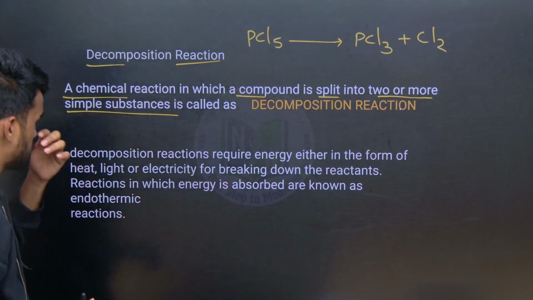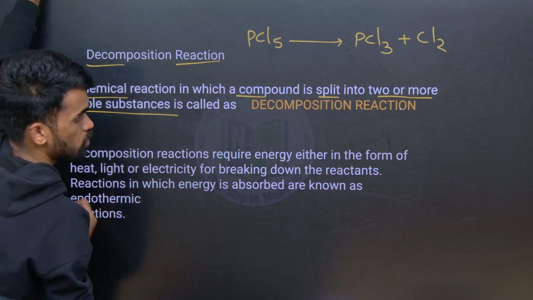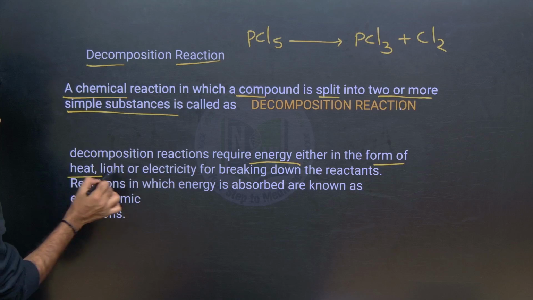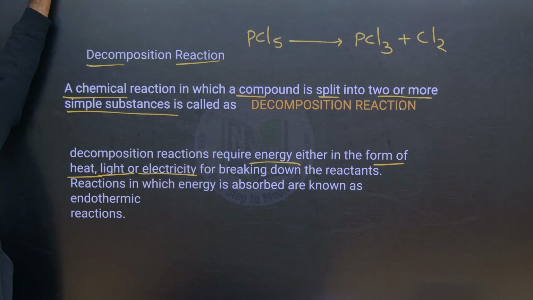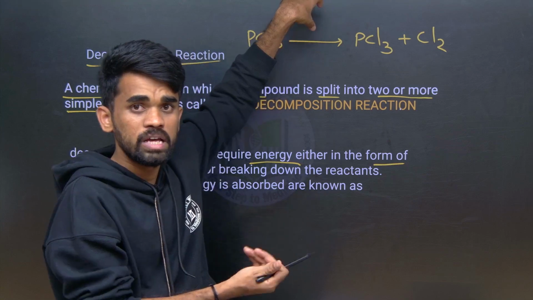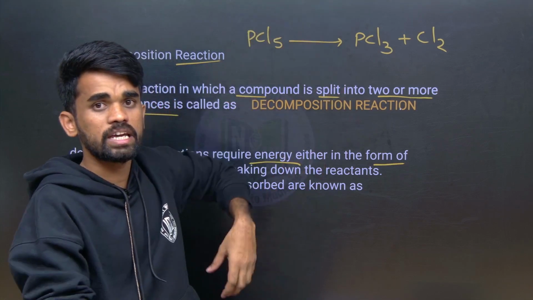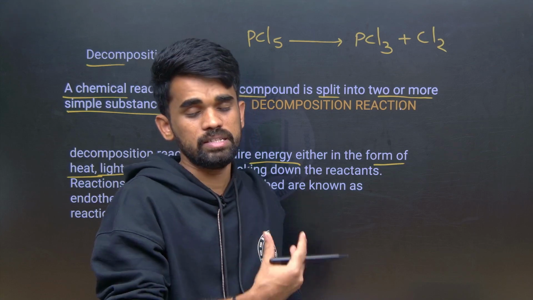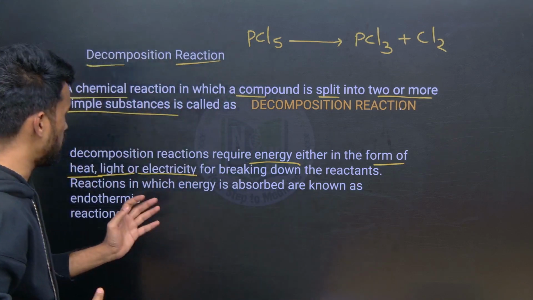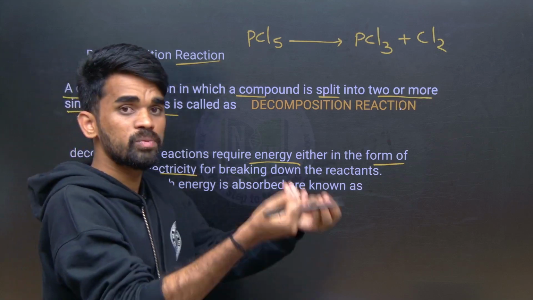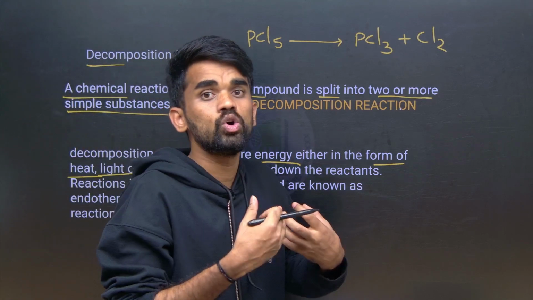Let us discuss a few more things. The decomposition reaction requires energy in the form of heat, light or electricity. For the decomposition of a particular compound, we require some energy, which can be in the form of heat, light or electricity. The reactions which are favored by absorbing heat are called endothermic reactions.